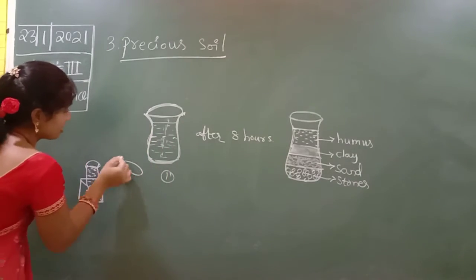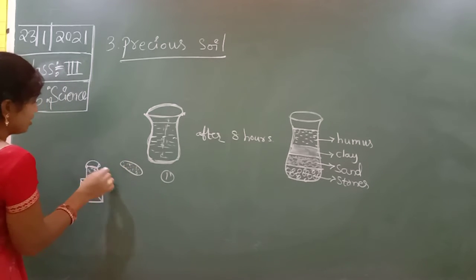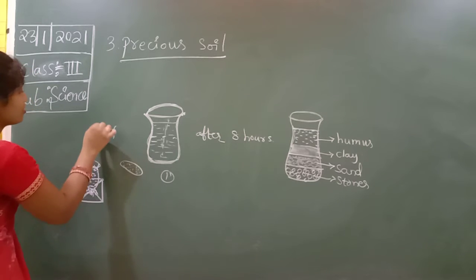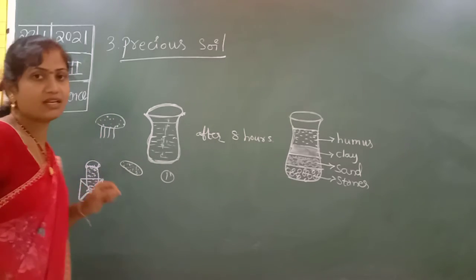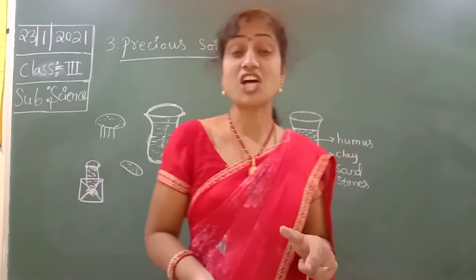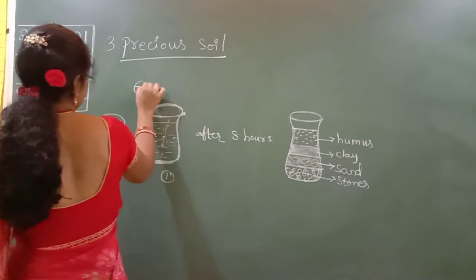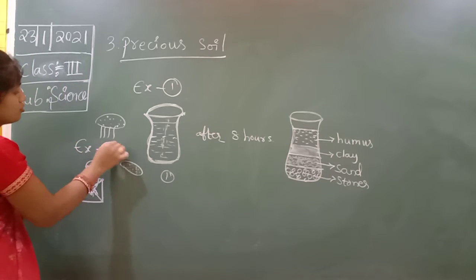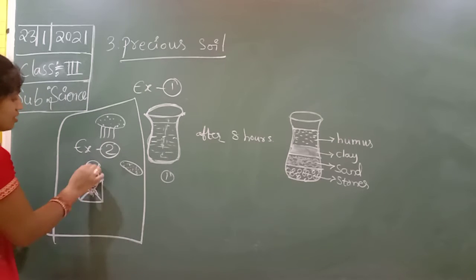When you open the lid, there are water drops and steaming also. When you observe, water drops are there. So soil contains water. That is what we know from this experiment.